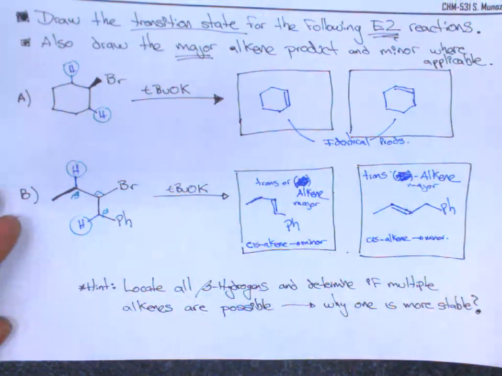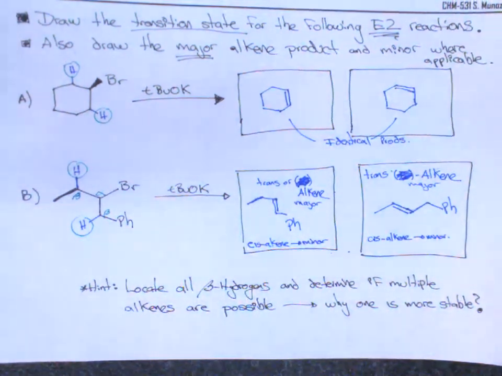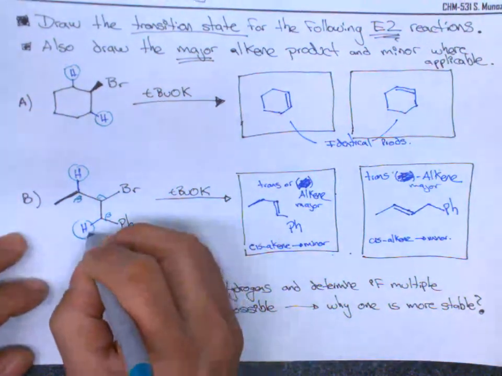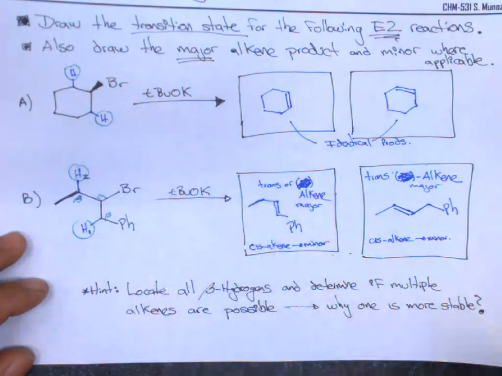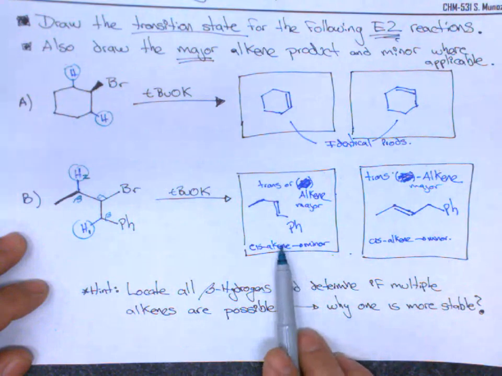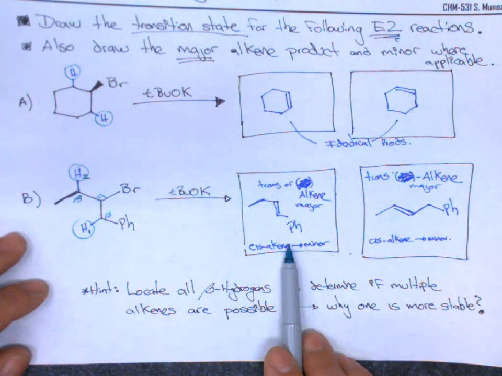And so there are two possibilities of getting HX elimination, whether we eliminate the one that I'm going to denominate as H1, or H2. Now, which hydrogen do we have to eliminate to get the product in the first box? H1 or H2?